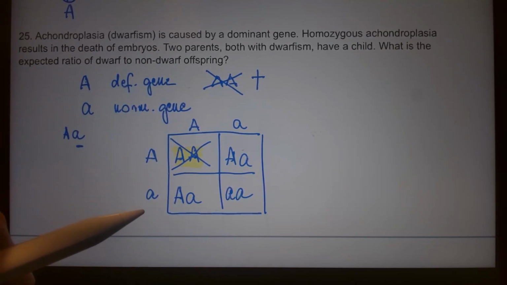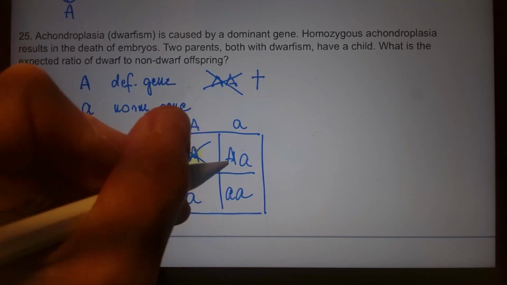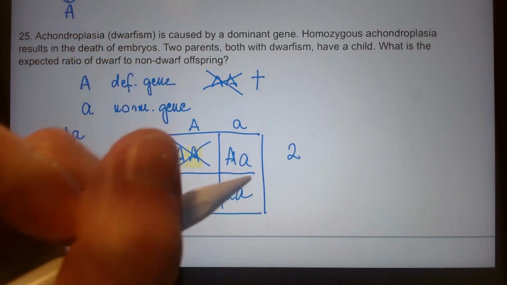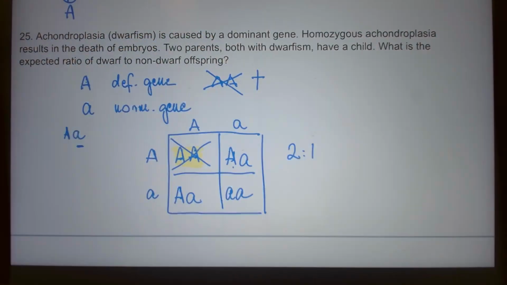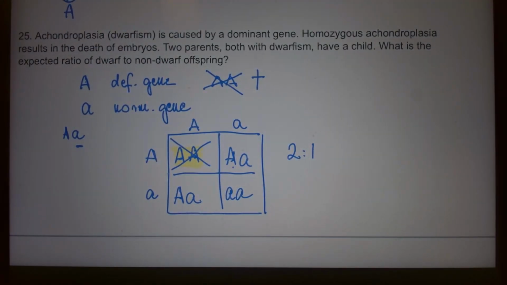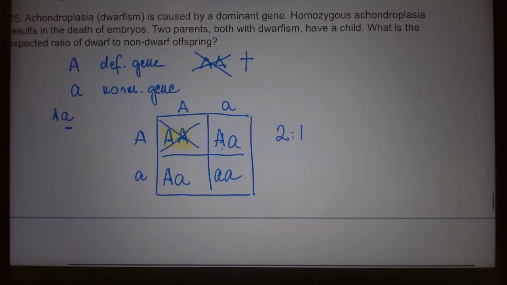Heterozygous parents are going to produce 2 dwarf and 1 normal height offspring. So the phenotypic ratio is 2 to 1 in this case. Thank you.